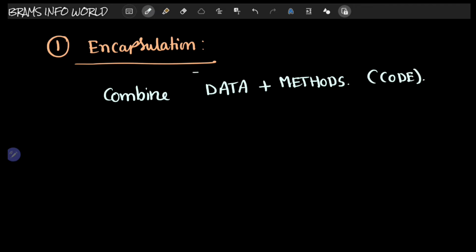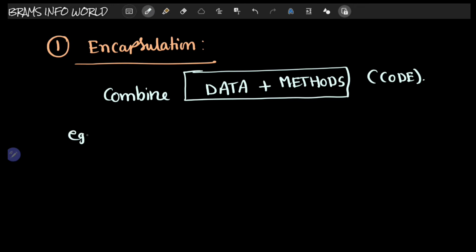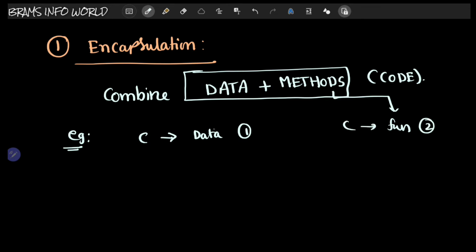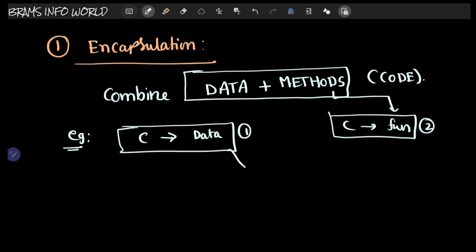The combination of data and methods we call encapsulation. Let us take a small example. If you take a C program, data is separate, so this acts as one module, and a function is nothing but a method, so the method is another module. So we have two different categories, and we have to combine both in main.